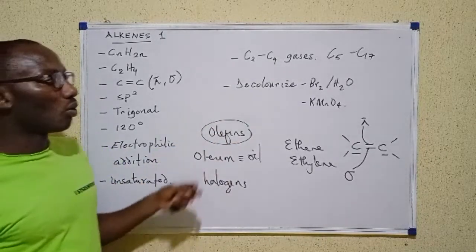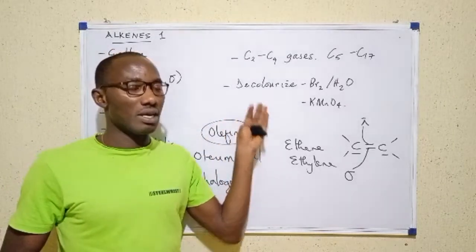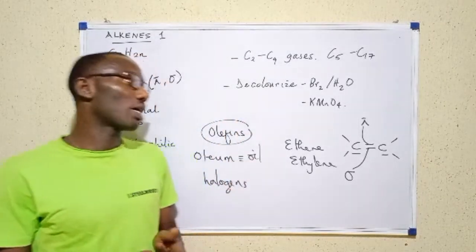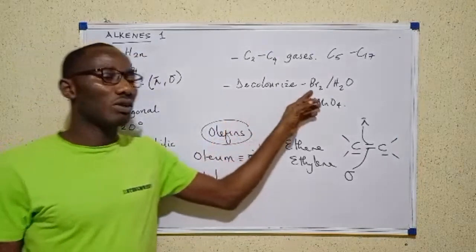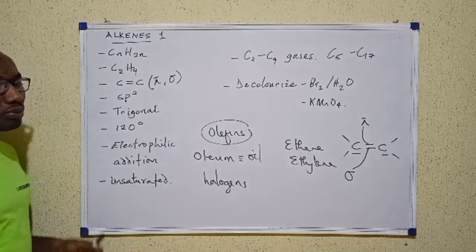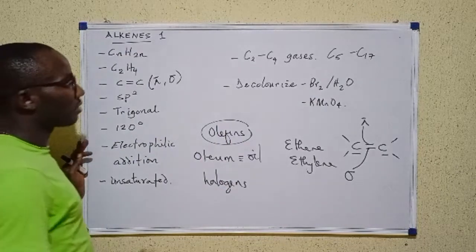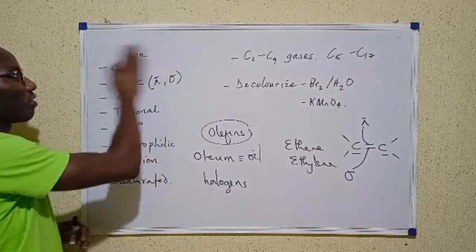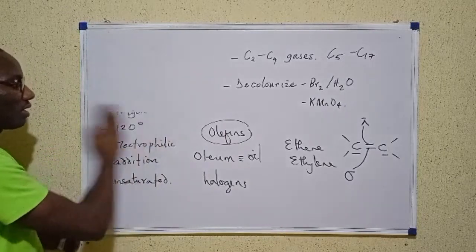Then one characteristic that alkenes have, that alkynes also share, is the ability to decolorize bromine water as well as potassium permanganate.